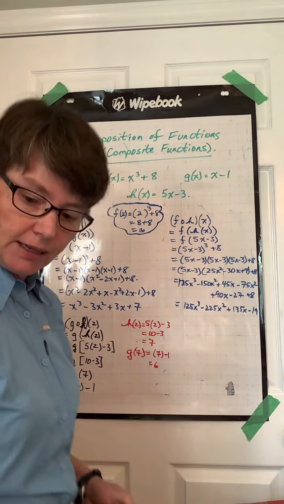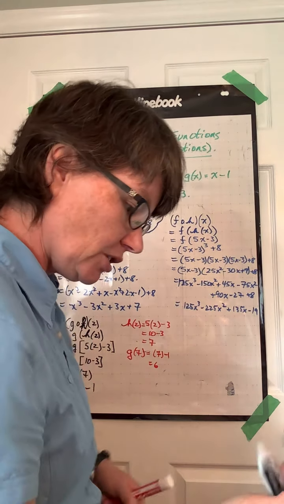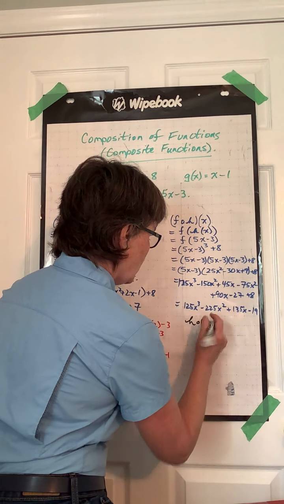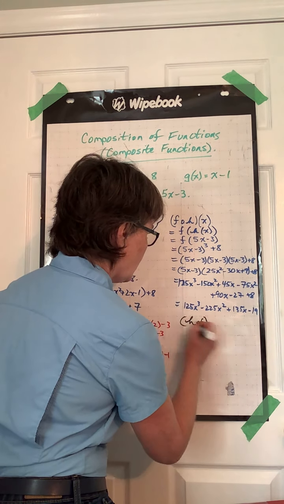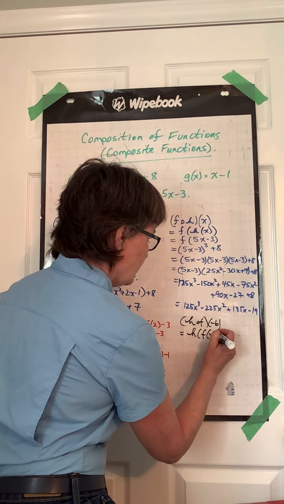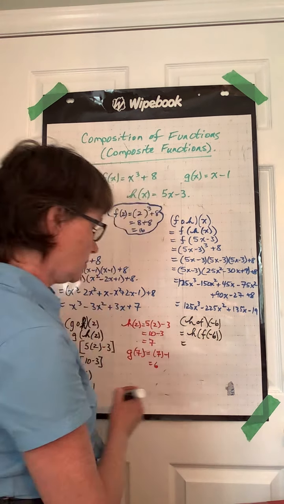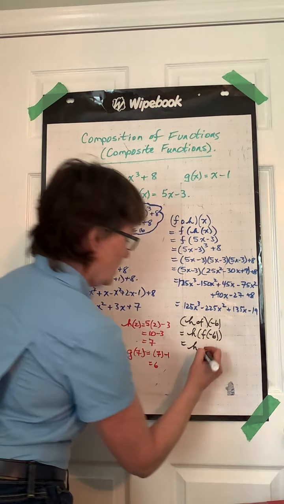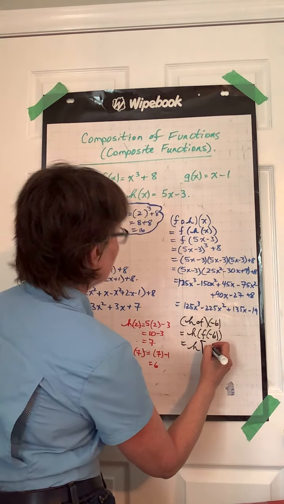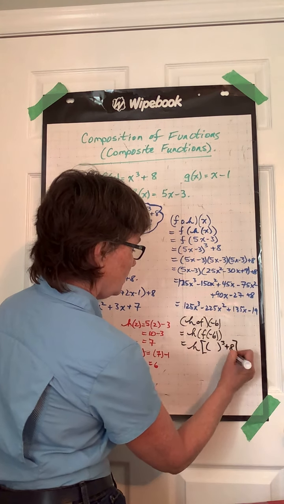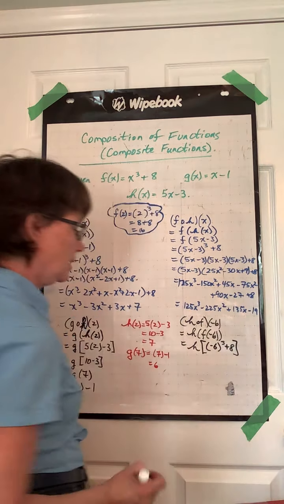All right. Last question I want to do with you is h of f of negative 6. That means h of f of negative 6. Okay, so if you want to do it all together, it would look like this. Take the f function, which is x cubed plus 8, and in there we're going to put negative 6.